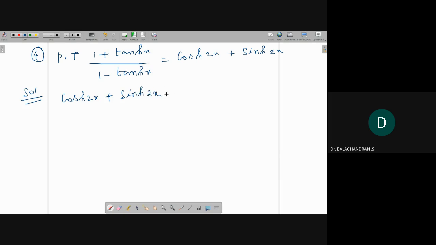Okay, so now what is the cos h2x formula in terms of tan? Anybody? Two cos h square theta minus 1.